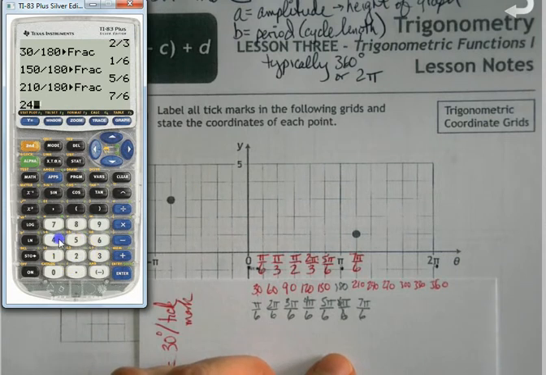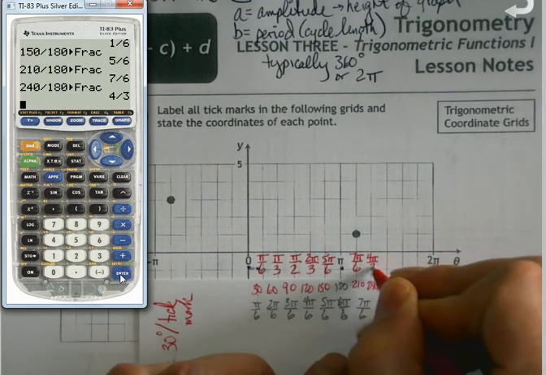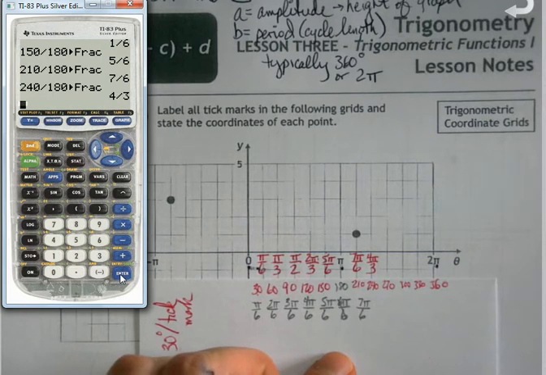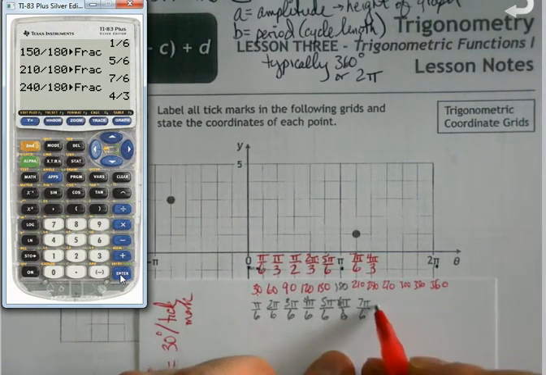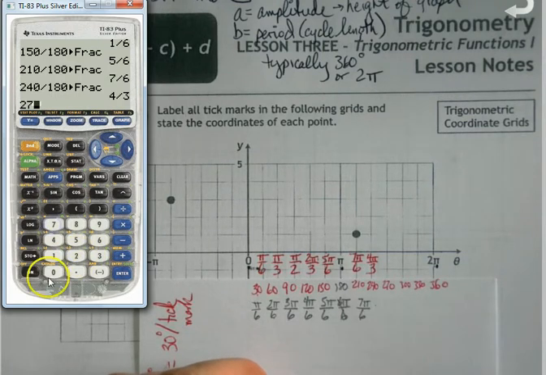But then you would just take that and keep dividing by the 180 and reducing the fraction down. So this would be 4 pi over 3. Or you could just keep adding a pi over 6 each time and keep reducing the fraction. They both work. And that's the part I want to keep stressing with this.